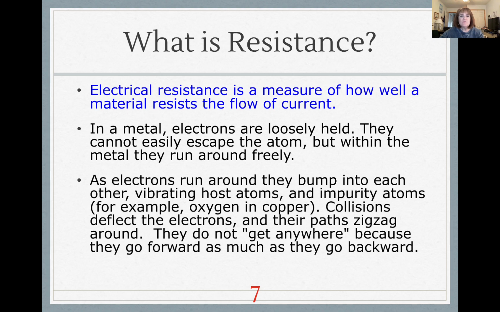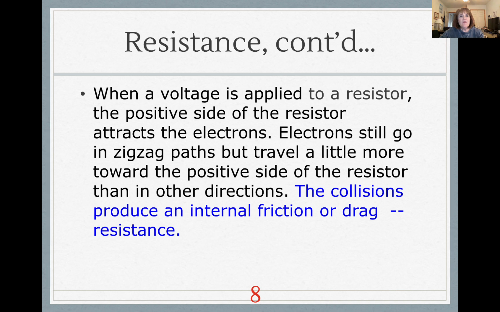As the electrons run around and bump into each other, they vibrate the host atoms, and in these collisions the electrons don't go anywhere because essentially they just bounce and push the next thing forward. When a voltage is applied to a resistor, the positive side of the resistor attracts the electrons. The collisions produce that internal friction or drag, which is then resistance.